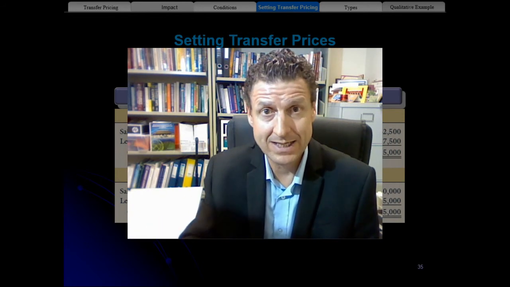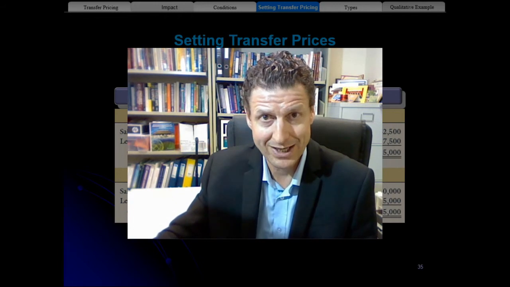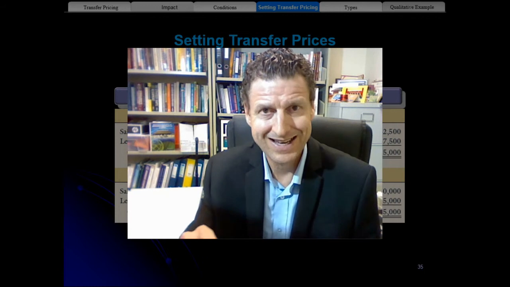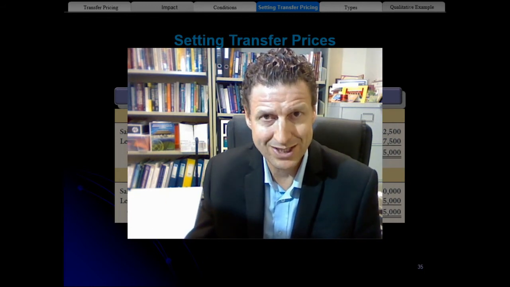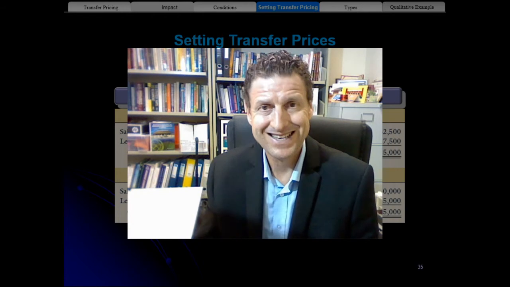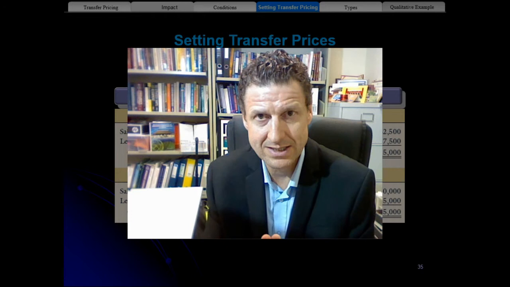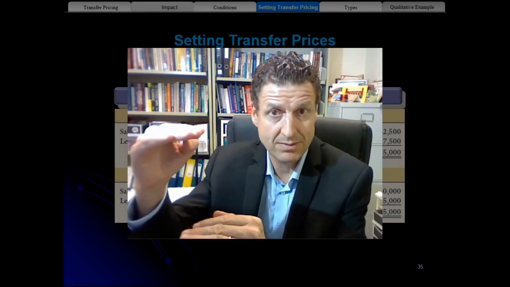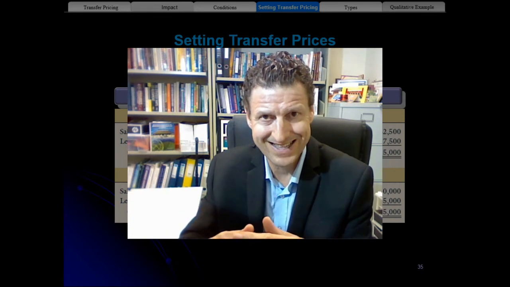In the second example, the minimum transfer price was the variable cost only because the plastics division had excess capacity. There was no lost contribution margin opportunity cost, so to speak. So keep those two examples in mind. The formula stays the same. It's all about working out what is the maximum and what is the minimum transfer price between two units working together.